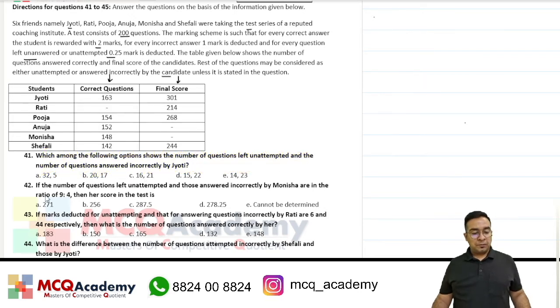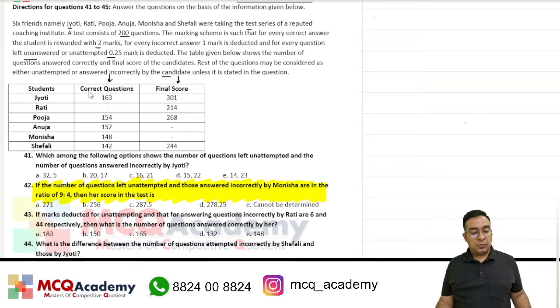Question number 42. If the number of questions left unattempted and those answered incorrectly by Monisha are in the ratio 9:4, then her score in the test is what? देखिए मोनिशा के बारे में हमें क्या information given है.